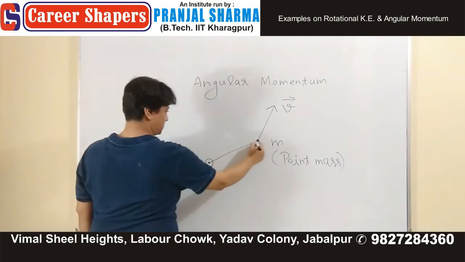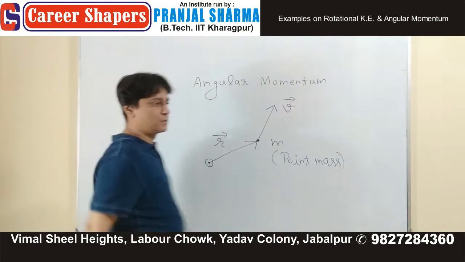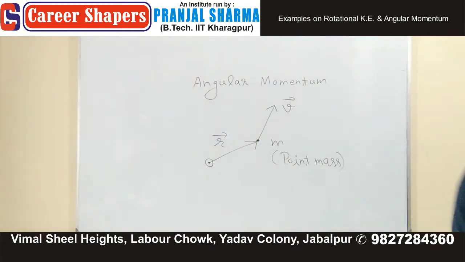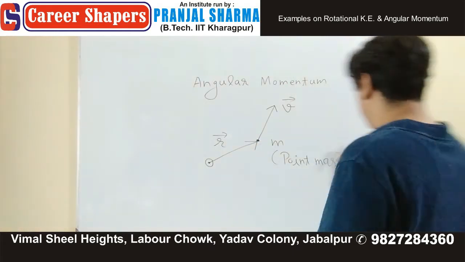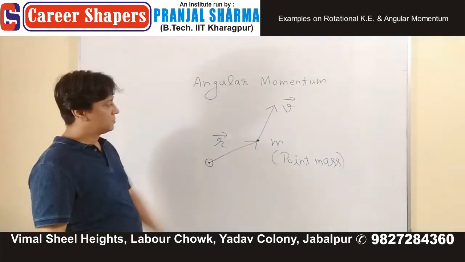And the point mass is at a distance of r. This is r. This is v.